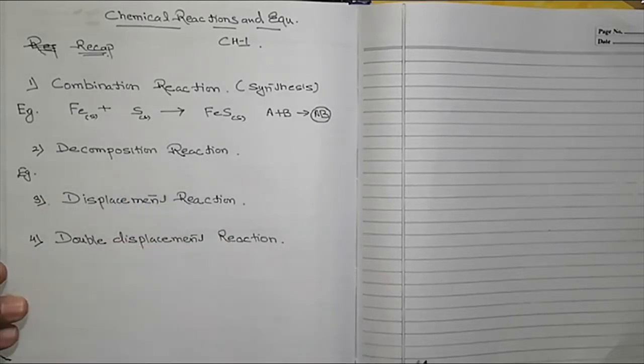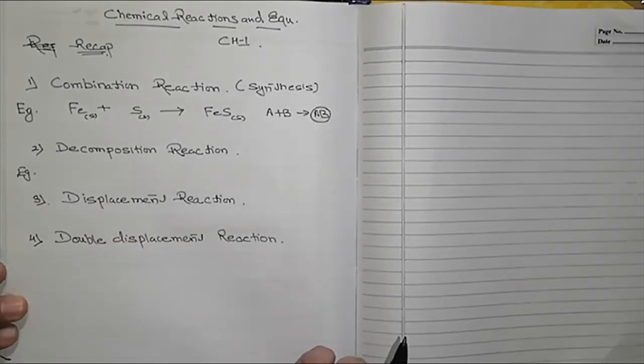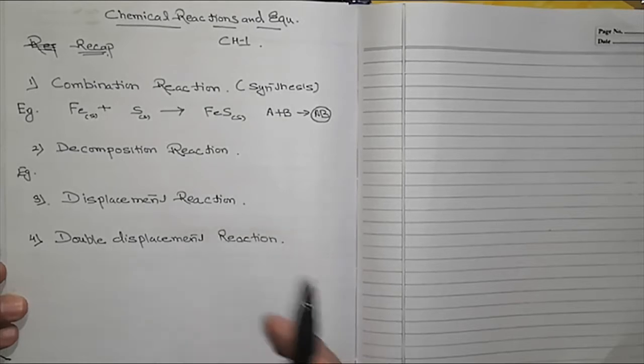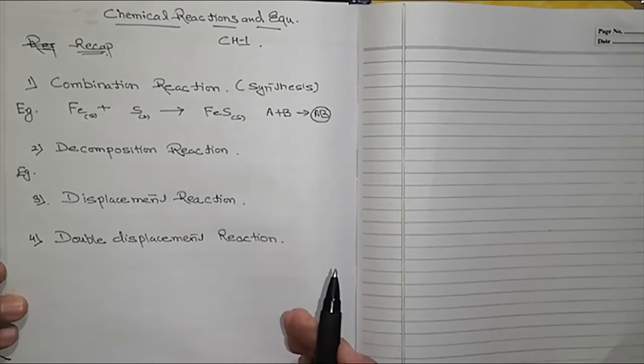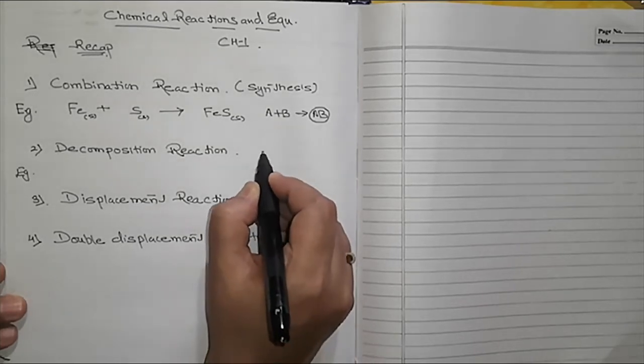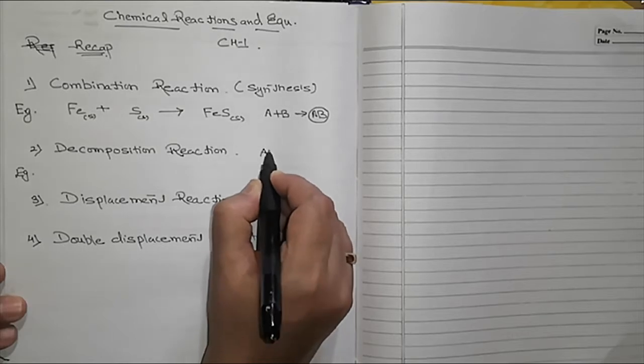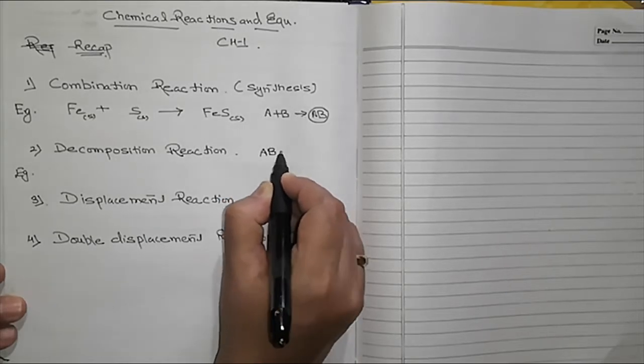Now the next reaction was decomposition reaction. In decomposition reaction, a chemical compound decomposes or breaks down into two or more simpler substances. Now here in reactants, I have to write a chemical compound.